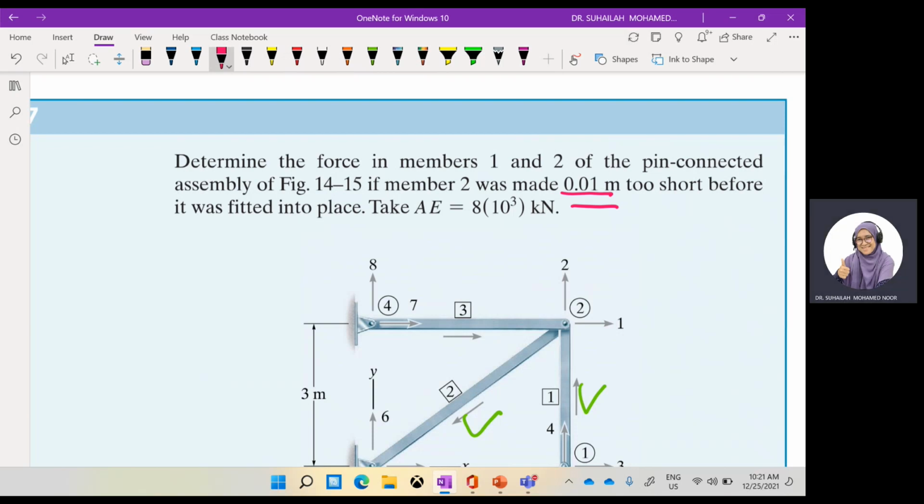So now what we need to do is consider Q equals KD plus Q naught. We do as usual, starting with element global stiffness matrices.